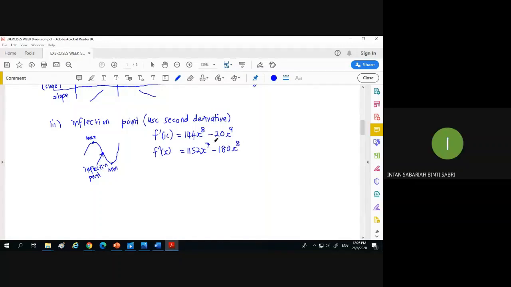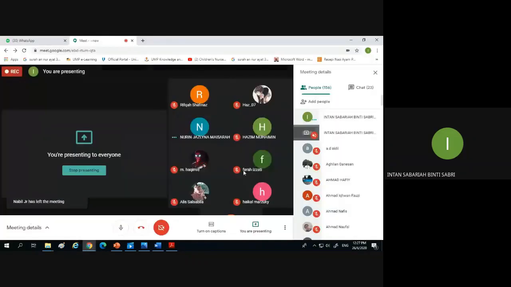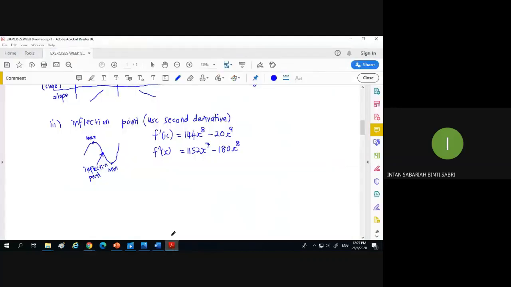This is the second derivative. Finding the inflection point is actually the same as finding the critical point, but for the inflection point we use the second derivative. Inflection point occurs at f double prime x equal to 0.